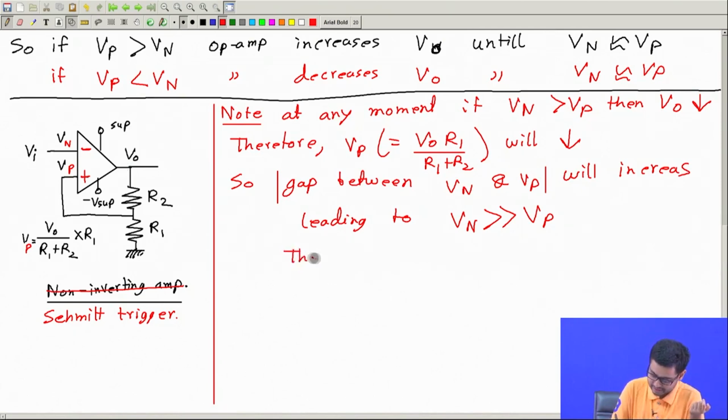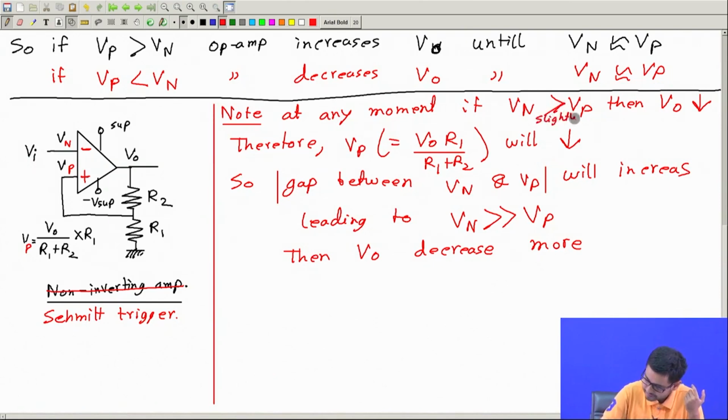So then Vo decreases more, and this way it will continue to happen. If I start with Vn slightly greater than Vp, due to this chain reaction, loosely speaking, the gap between Vn and Vp will be more and more.